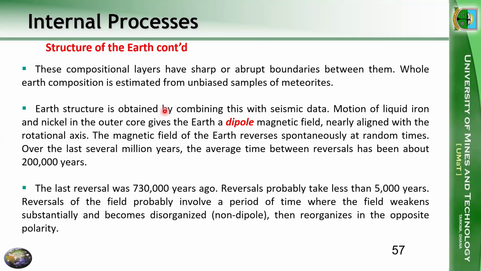And over the last several million years, the average time between reversals has been about 200,000 years. That's the average time between one reversal. And the last reversal took place about 730,000 years ago. So imagine the position of the north changes when we talk about a reversal. All right. And then a reversal can take less than about 5,000 years to occur.